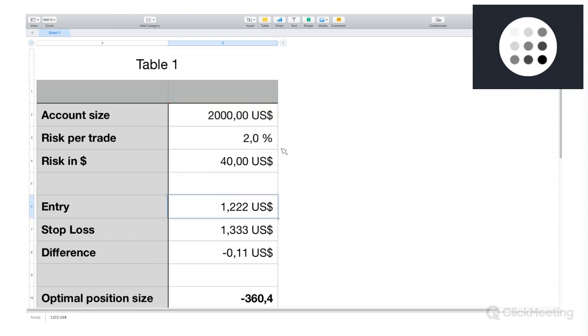And what should be the entry level? Okay, 141. The stop loss level in this case, $139. Okay, this leads to a difference of 2 cents.